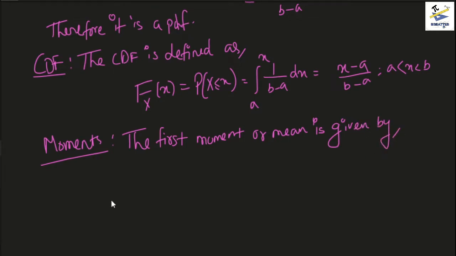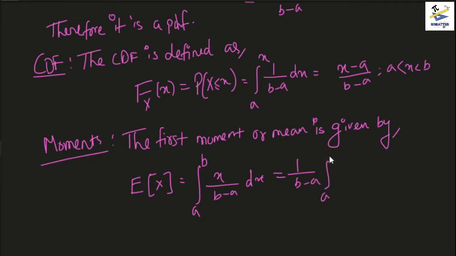The first moment, or the mean, is given by the expectation of X equals the integral from a to b of x by (b minus a) dx, and this would give us 1 by b minus a times the integral from a to b of x dx.